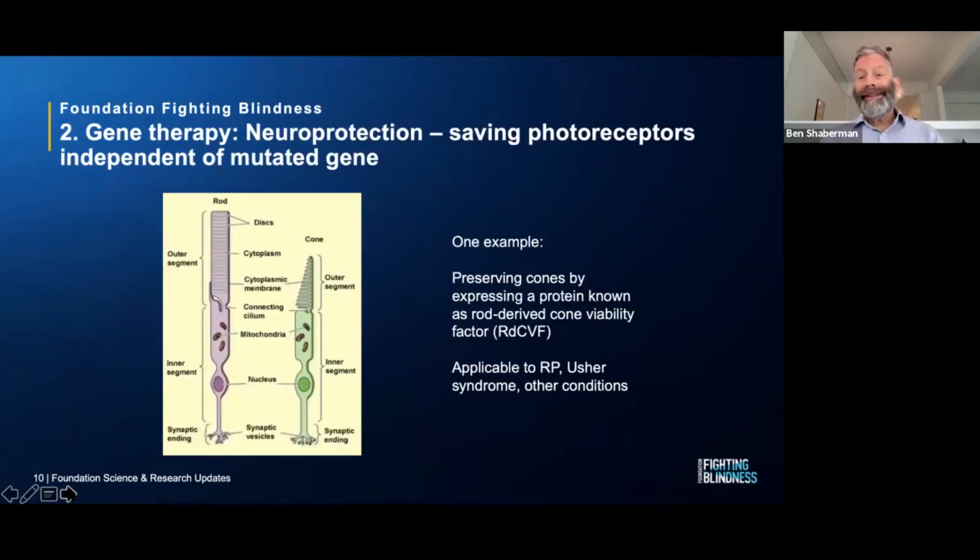But as I mentioned in my opening slide, there are other approaches for using gene therapy, and neuroprotection is a promising approach because, again, it's designed to work independent of the mutated gene.